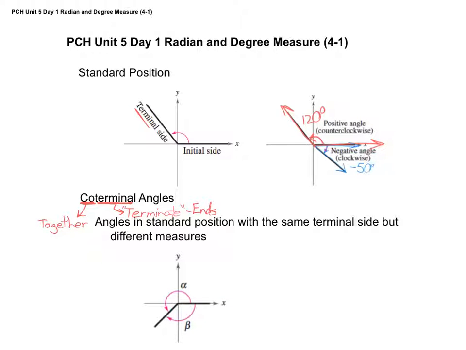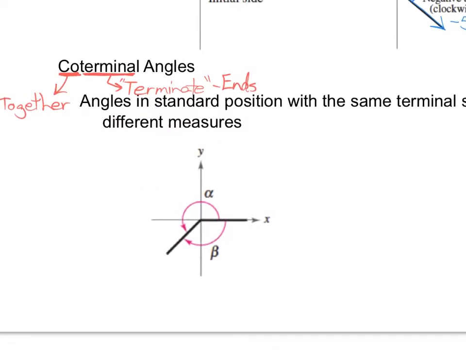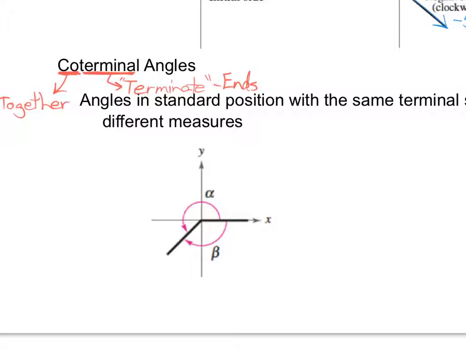All right? So these coterminal angles are angles that end together. Okay? You might say, well, wouldn't that just make it exactly the same angle? The reality is no. Okay? Because we have a rotation that's going on here. You'll notice here in the diagram I gave you, we have angle alpha and angle beta.